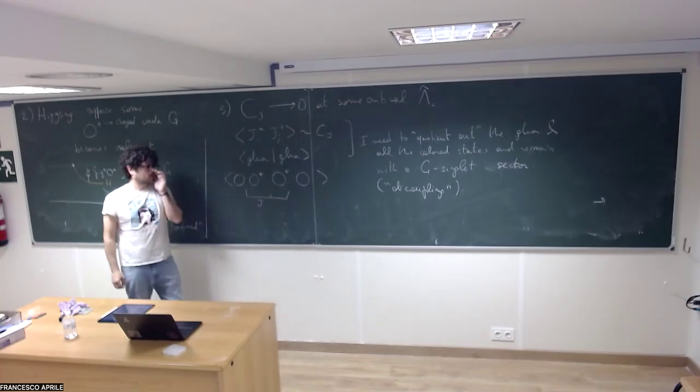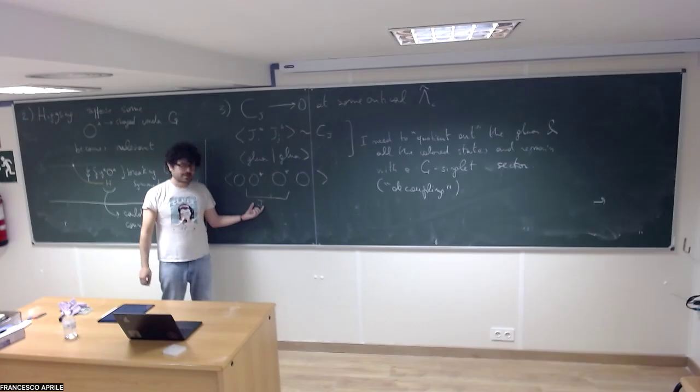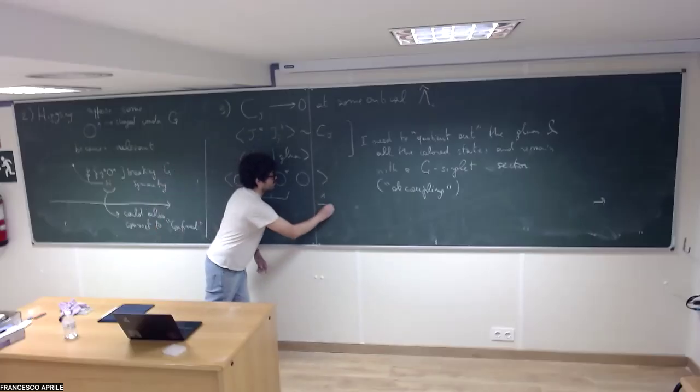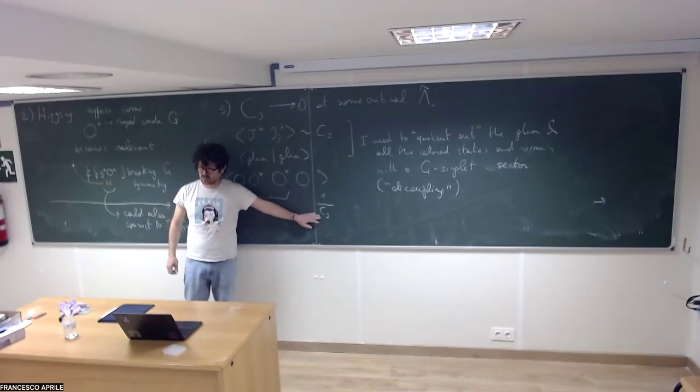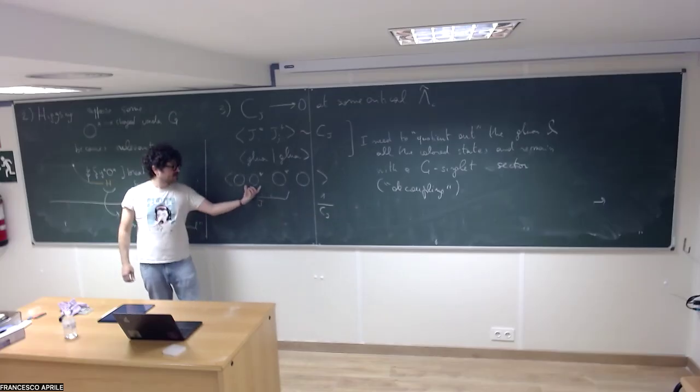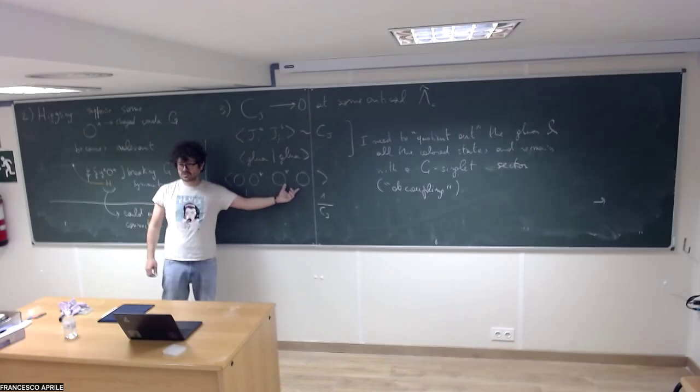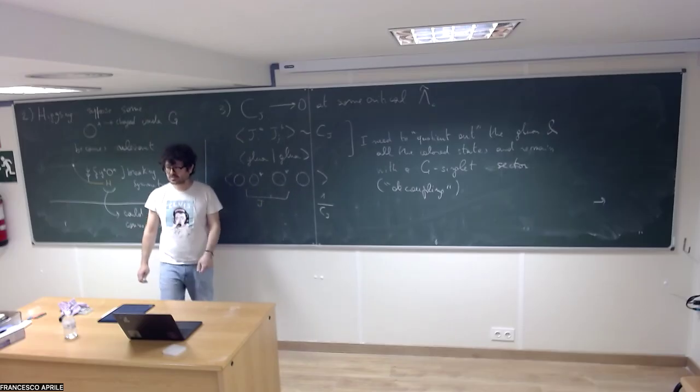In the appropriate normalization, you can check that the contribution of the block of the current is going to go like 1 over J. So when this norm goes to 0, this also means that all of the correlation functions of the polar states blow up. So you need to get rid of all of them.